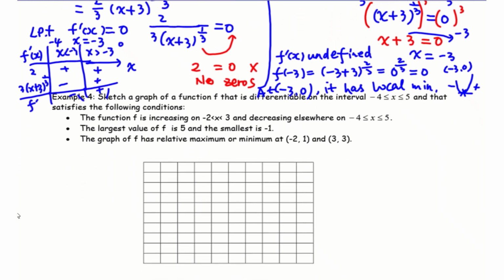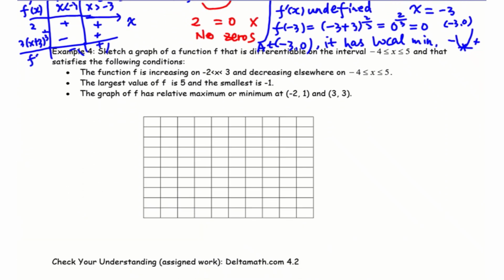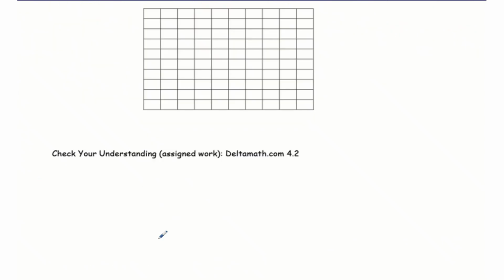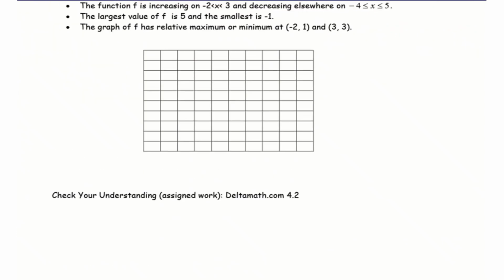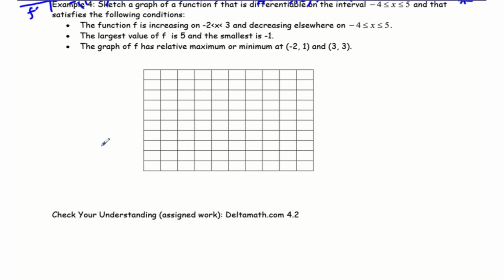Then we just have one more example. It asks you to sketch a function by using the given information. Sketch a graph of a function that is differentiable, so the derivative exists on the interval -4 to +5, and satisfies the following conditions. The function is increasing on -2 to +3, decreasing elsewhere.